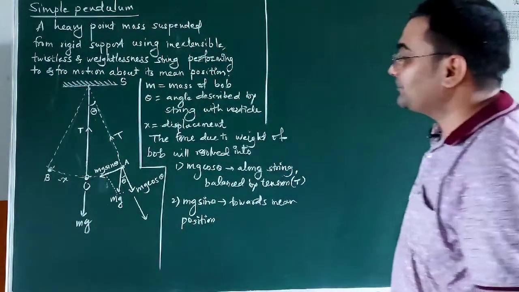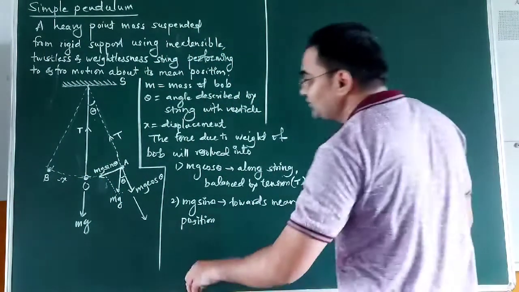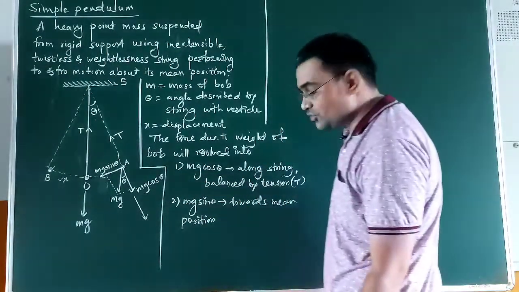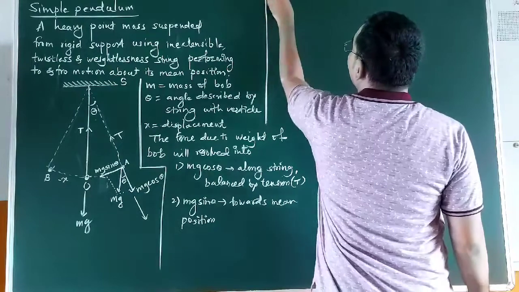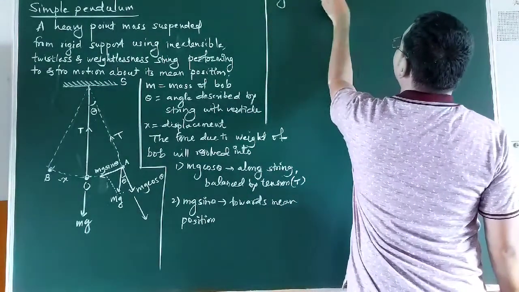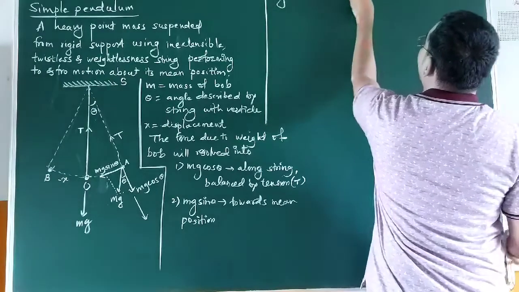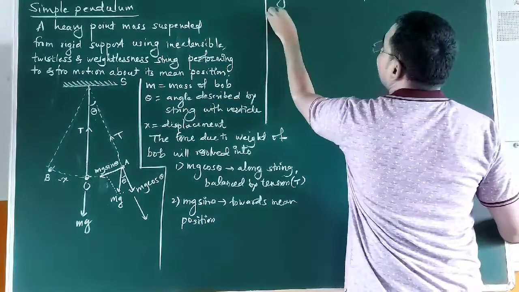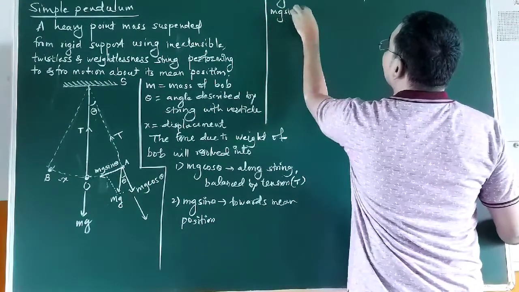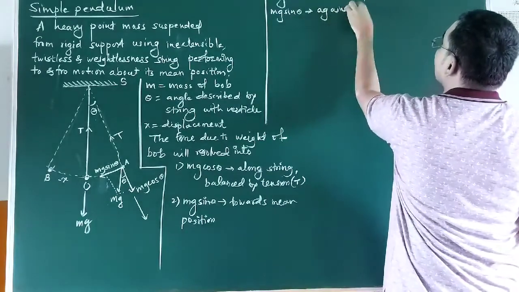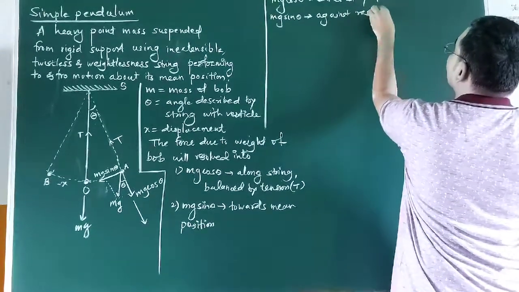Now you know that the force which is towards the mean position, acting opposite to the displacement, is called which force? Restoring force. So here mg cos theta will be cancelled by the tension and mg sin theta is the restoring force.